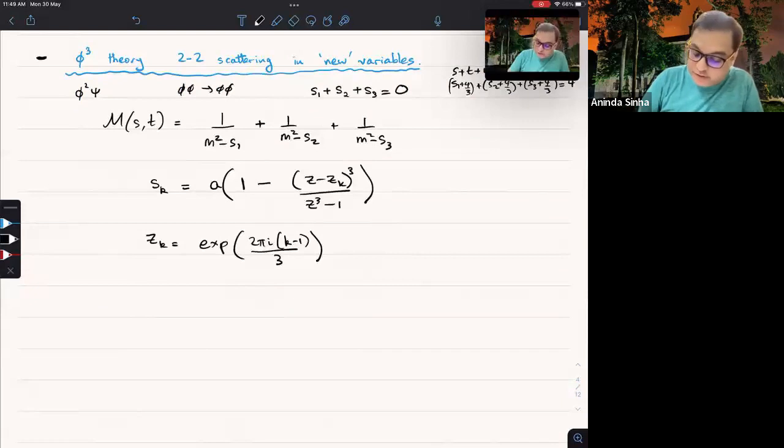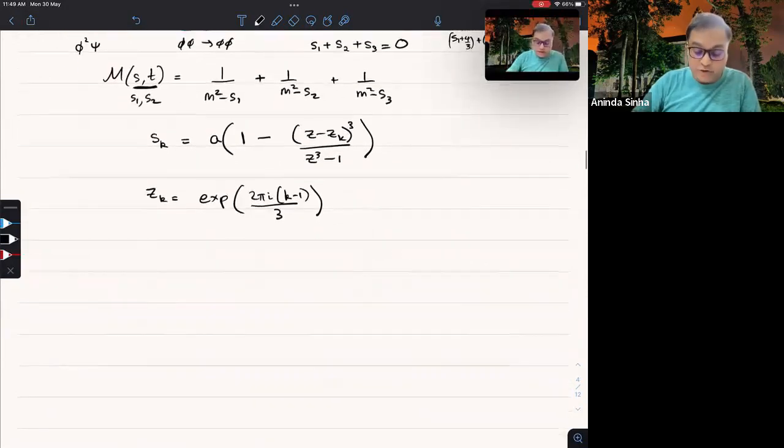Okay, so I've just introduced a new set of variables. So instead of s1 and s2, I'm going to work with a and z. So originally we had two variables, s1 and s2. I'm going to now do a change of variables, and I'm going to work with a and z.